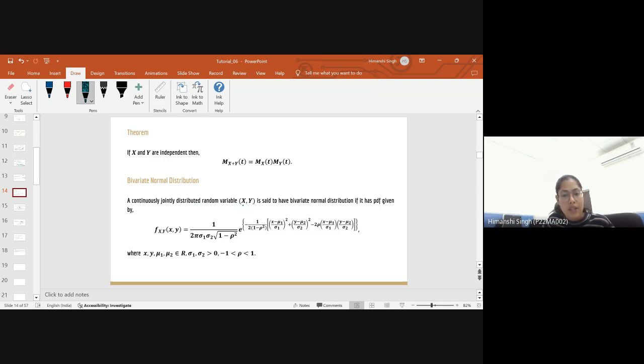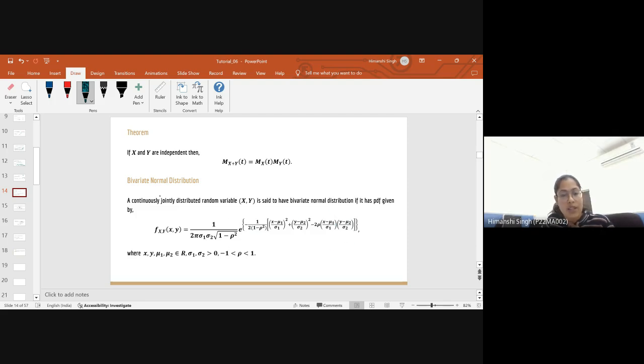Then they are said to have a bivariate normal distribution if their density is of this form: 1 upon 2 pi sigma 1 sigma 2 under root 1 minus rho square, times the exponential of this whole quantity. Here mu 1 and mu 2 are real numbers, sigma 1 and sigma 2 are positive, and rho lies between minus 1 and 1. So this will be the density of the bivariate normal distribution.